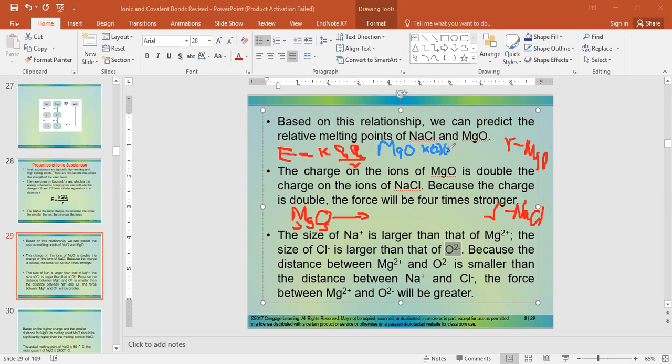Then for sodium chloride, we have K into 1 into 1, divided by R. Now, remember R here is a denominator. The denominator here is small. We have explained why.